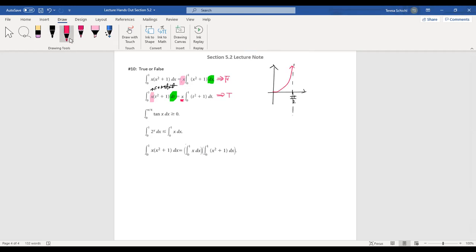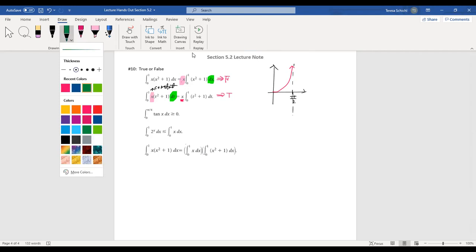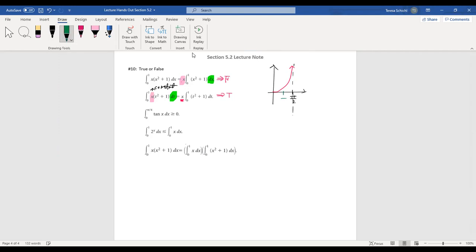So this is my tangent graph. And then I'm integrating from 0 to pi over 4. That means I'm finding this area. And this is above 0, so this area is positive, correct? So this is true or false? This is true.